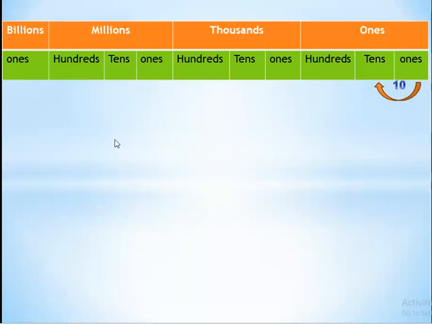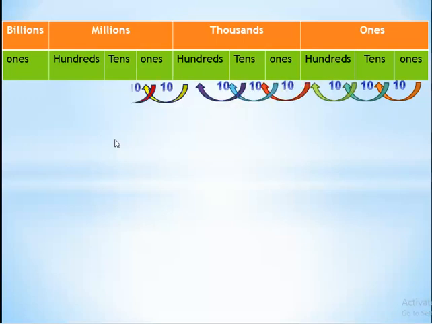so when we want to convert, we know that 1 ten equals 10 ones. So if we want to get tens, we multiply by 10, each one multiplied by 10.